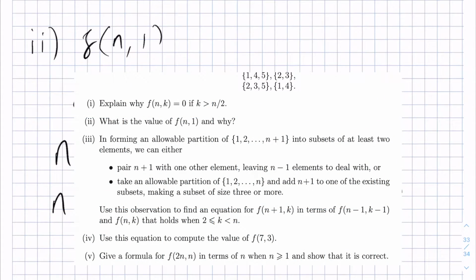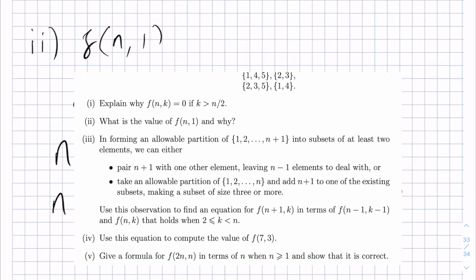Part 3 of the question says, in forming an allowable partition of 1, 2, up to n plus 1 into subsets of at least 2 elements, we can either pair n plus 1 with one other element, leaving n minus 1 elements to deal with, or take an allowable partition of 1, 2, up to n, and add n plus 1 to one of the existing subsets, making a subset of size 3 or more.